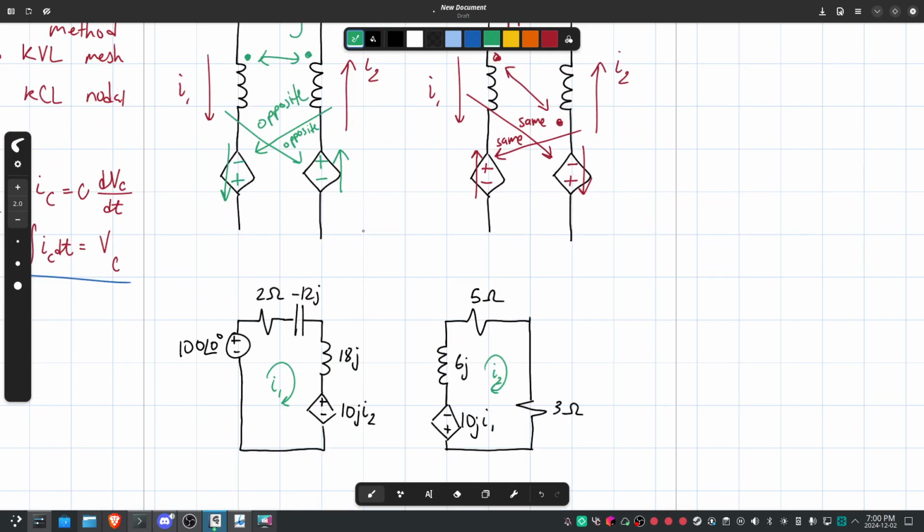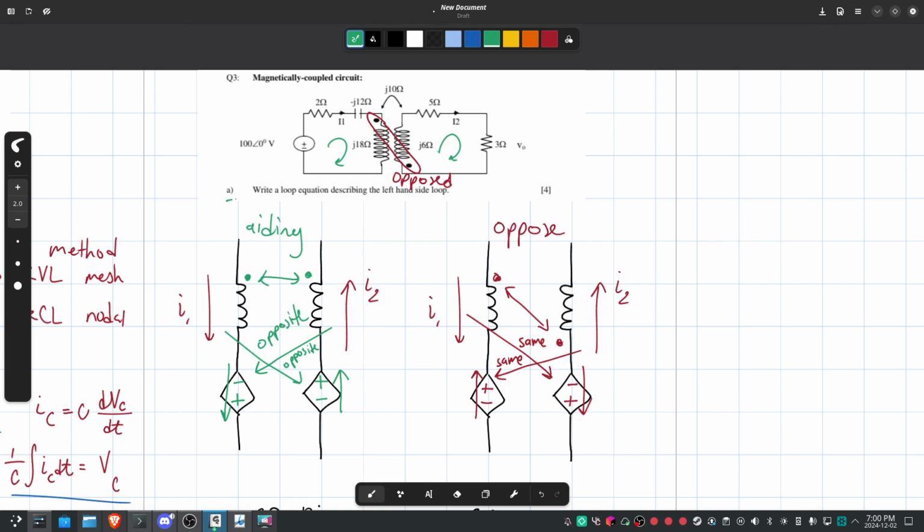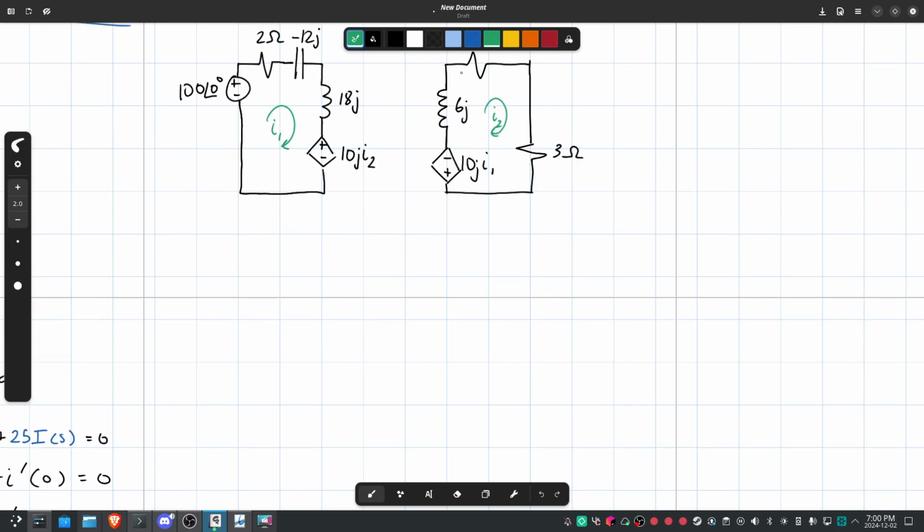So now that we've drawn our circuits, we can start question A. Write a loop equation describing the left-hand side loop. This is just KVL, mesh analysis. You shouldn't have any problems with this.